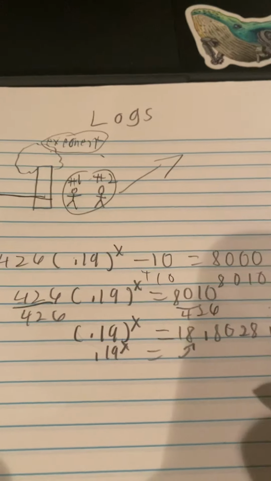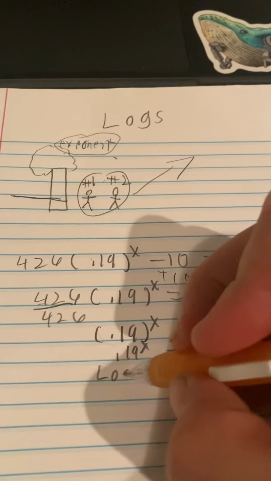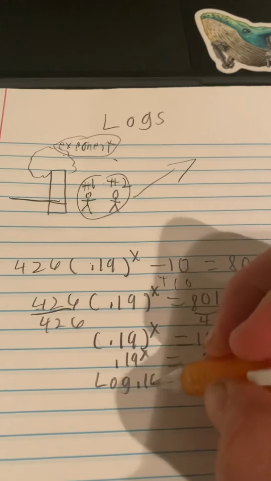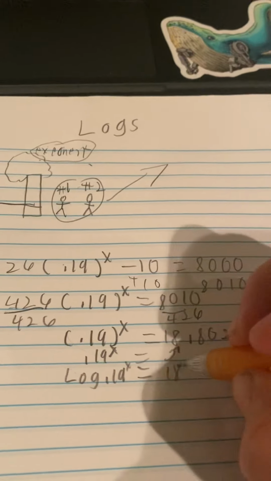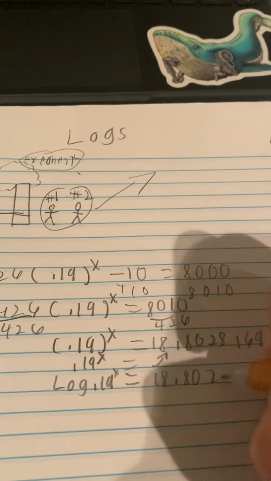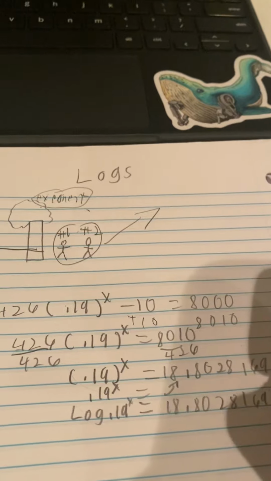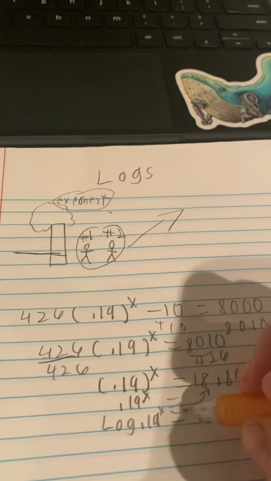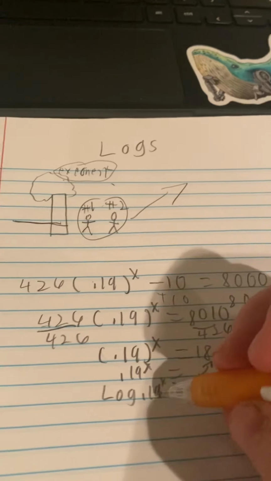Now that we have this, we can log it. So it would be the log of 0.19^x equals the log of 18.8028169. Sorry, I have to put the log in front. So we can use the log power law.